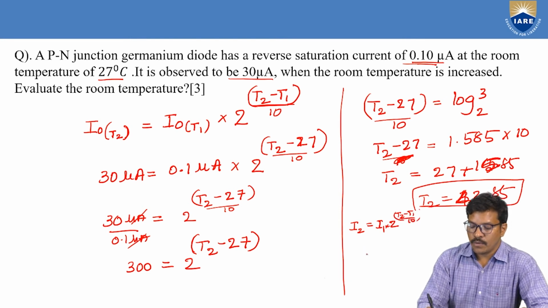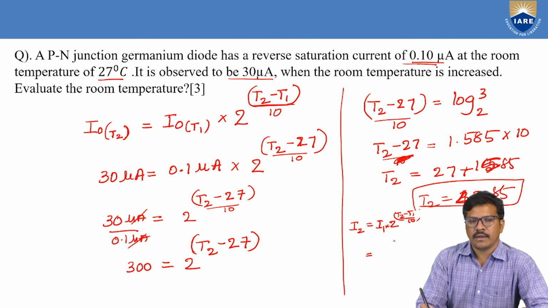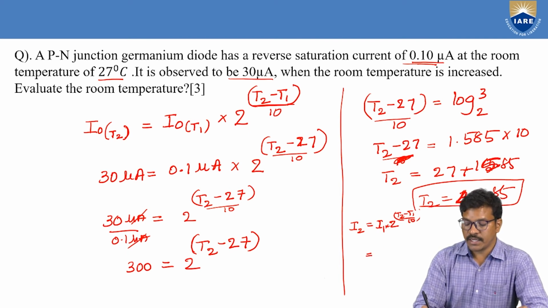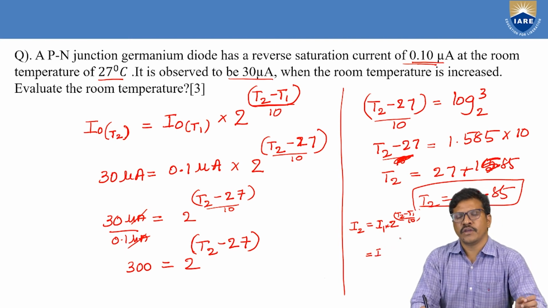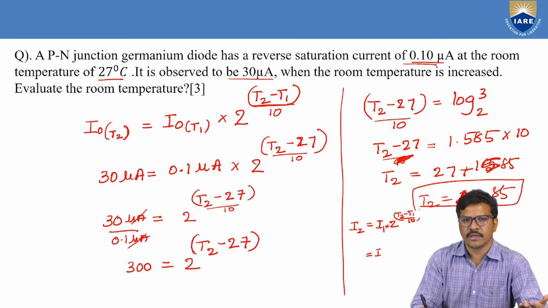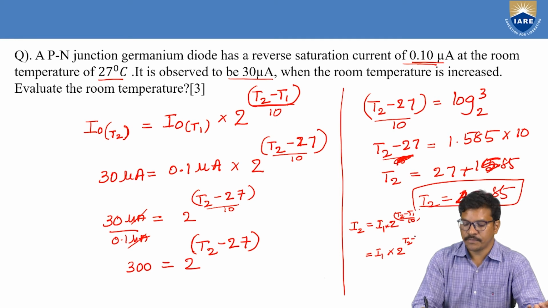With a temperature increase, in every 10 degrees change in the temperature, it doubles the current. So if the temperature increases 10 times, like 10 from the previous temperature, I1 into 2 power T2 minus T1 is 10 times rise in temperature, every 10 degrees.